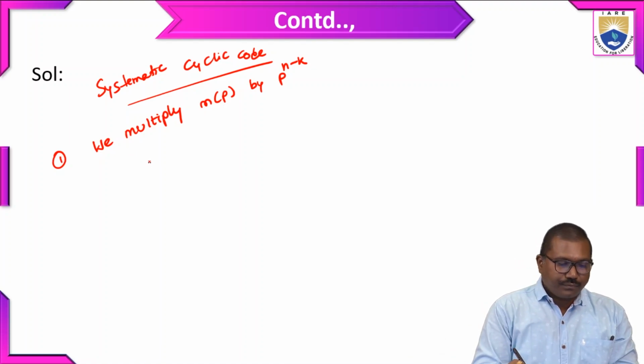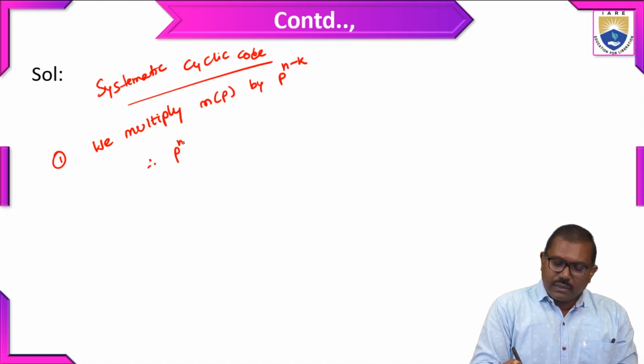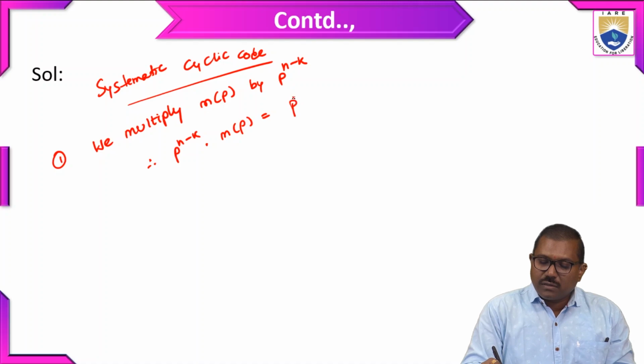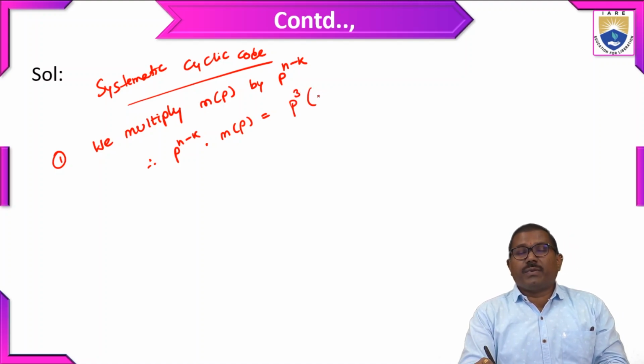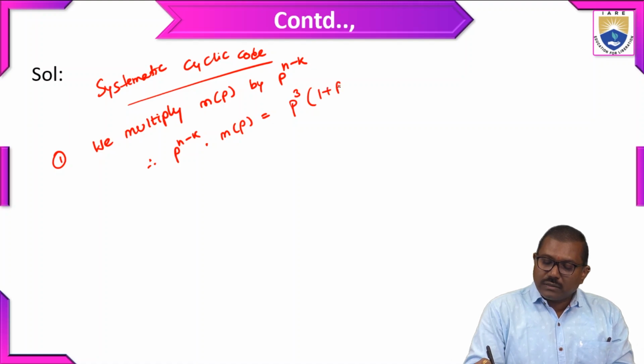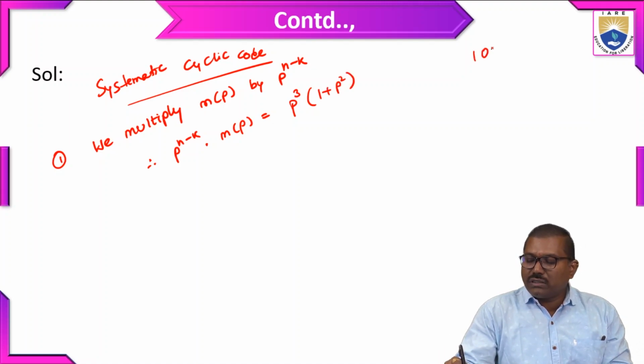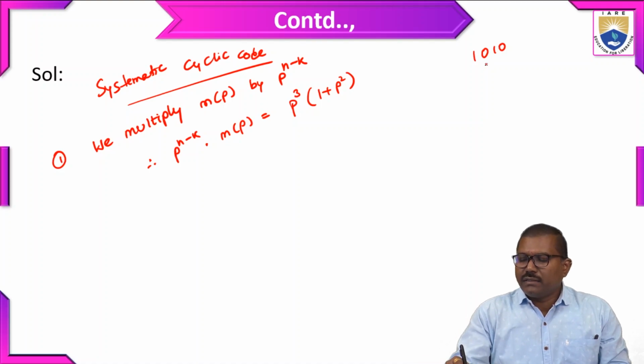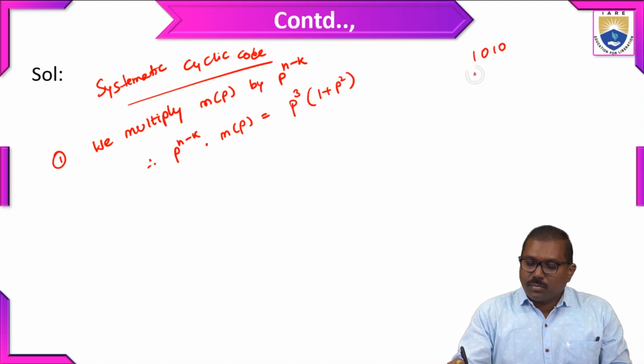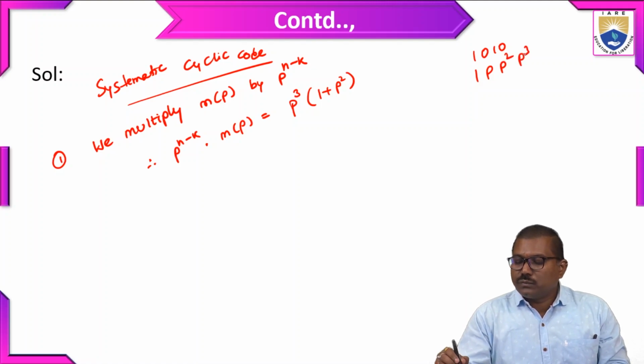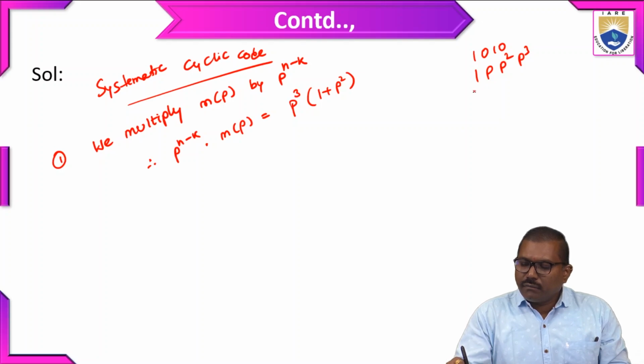So, first step: p power n minus k into m of p. p power n minus k is p cube, into m of p. M of p is 1 plus p square. Why? Because we taken 1 0 1 0. In this 1 0 1 0, the terms are 1, p, p square, p cube. So what is present? Only 1 and p square. So 1 plus p square.